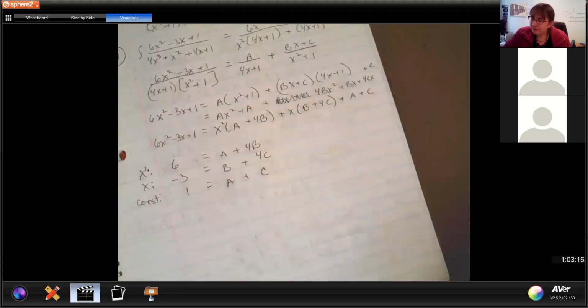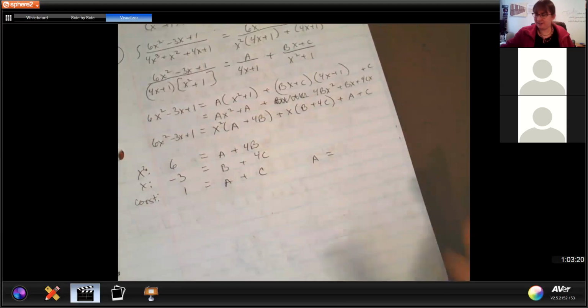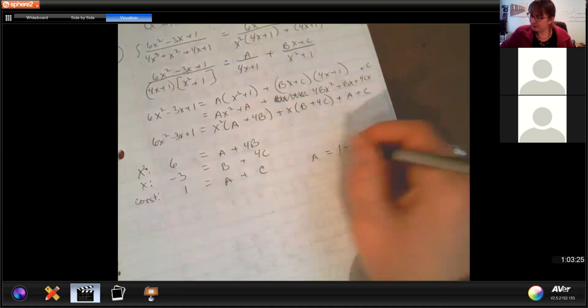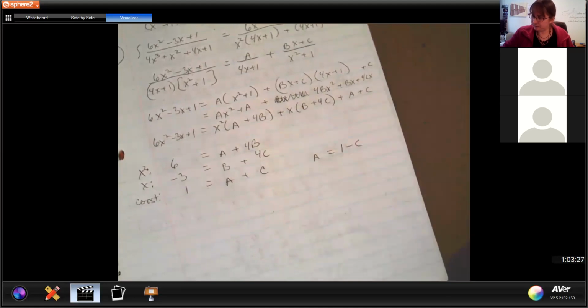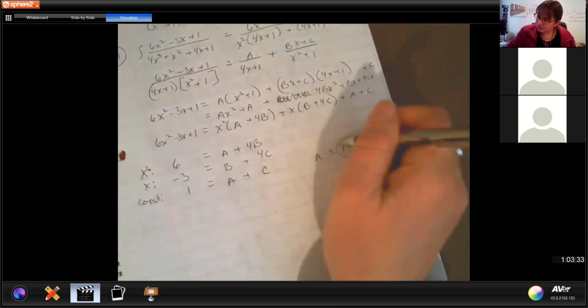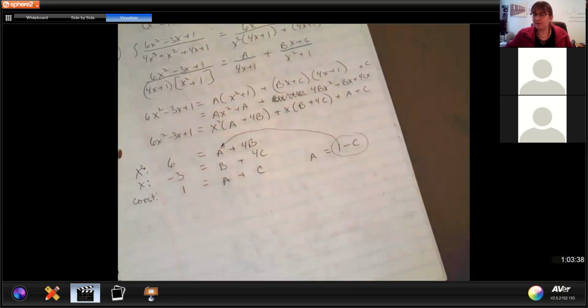I'm going to solve this for A. There's a million ways you can solve these. A is the same as 1 minus C. And then I'm going to substitute that into that first equation, and then I'll have 2 equations and 2 unknowns.